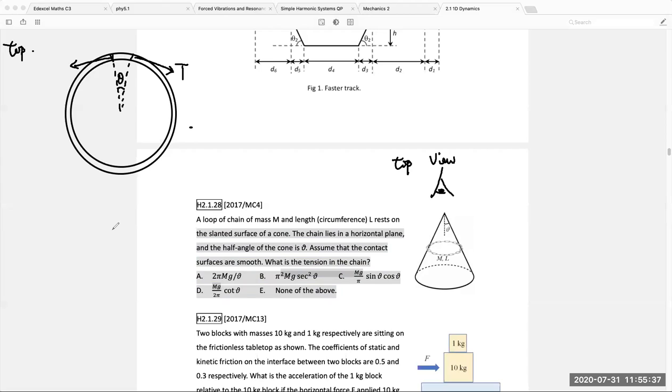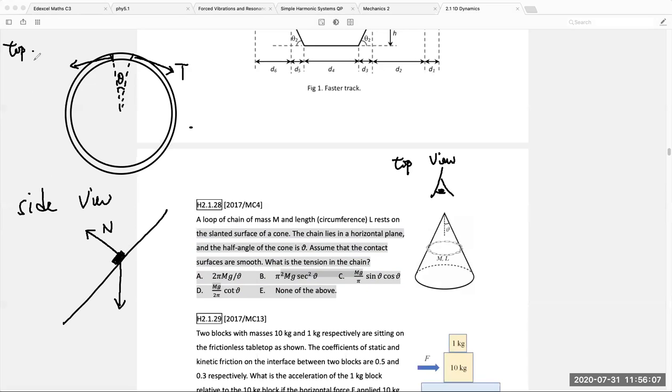So let's have a look at the side view. This is the slope, and this is the string or the chain. So there is also a normal reaction acting on the chain, and also the weight.